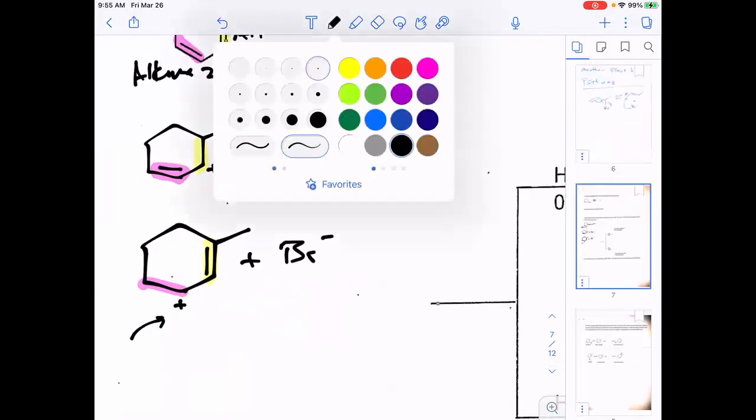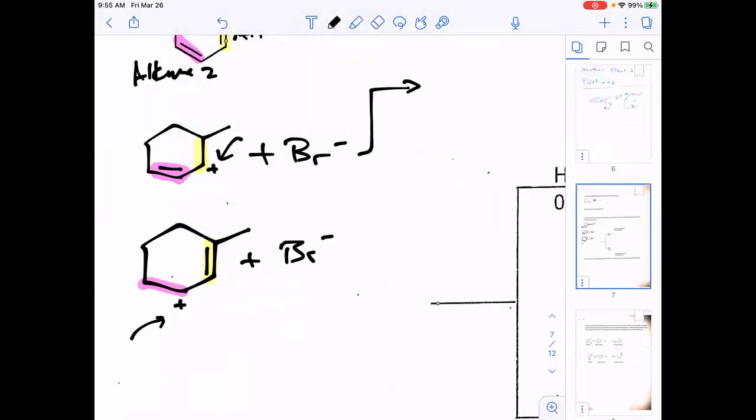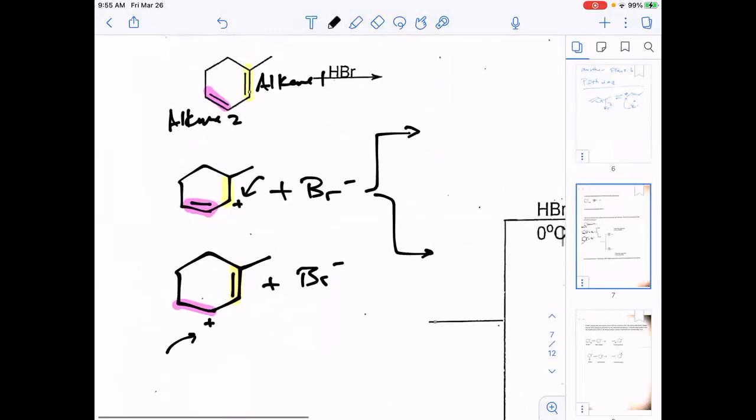So what would the 1,2 product look like if alkene 1 reacted? Where's bromine going to attack? Is it going to attack directly at the plus charge, or is it going to attack somewhere else?